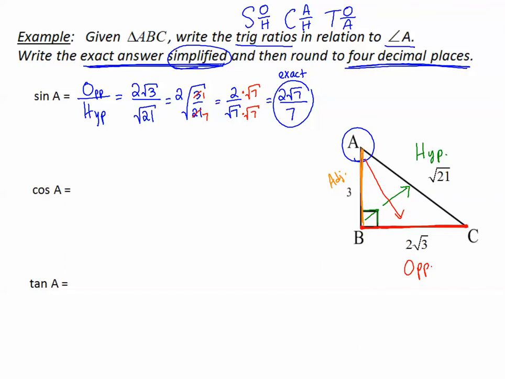So watch how I write that. I'm going to say approximately 0.7559. I use a squiggly equals because I'm rounding, and I like to put a 0 so that I recognize I have a decimal point. That is my rounded answer to 4 decimal places.